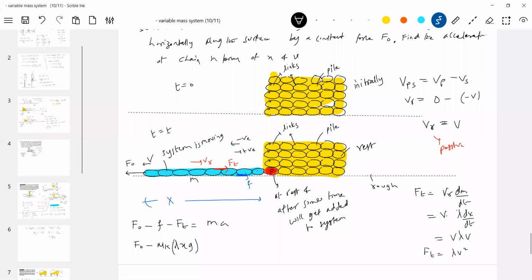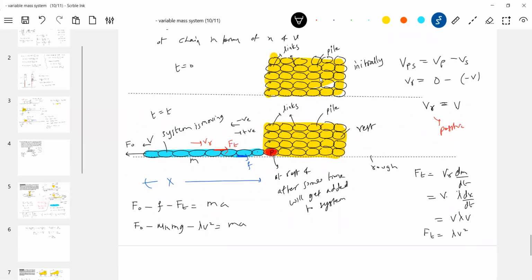Lambda x is the mass of this part of the chain, and the thrust force is lambda v square. Let's write one more equation. F naught... m is equal to lambda into x, into g. Lambda v square equal to lambda x into a.